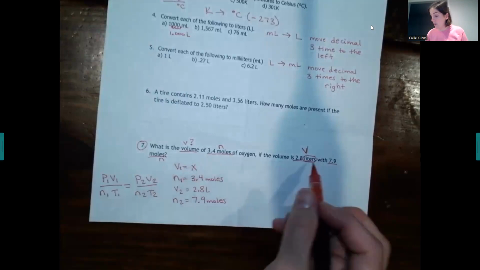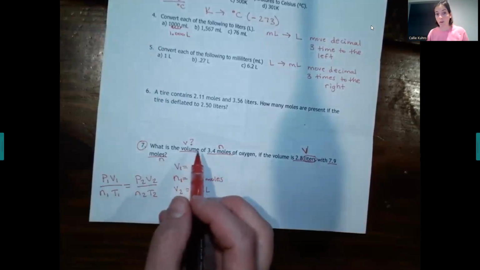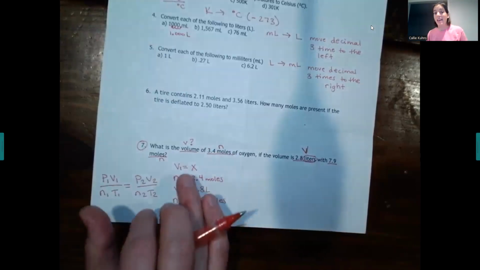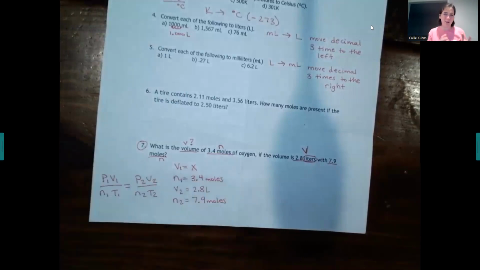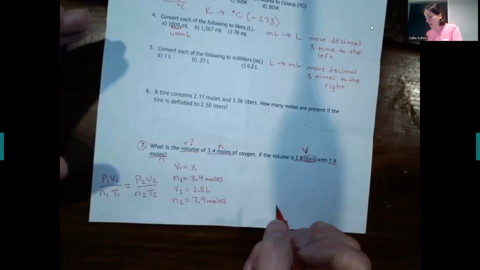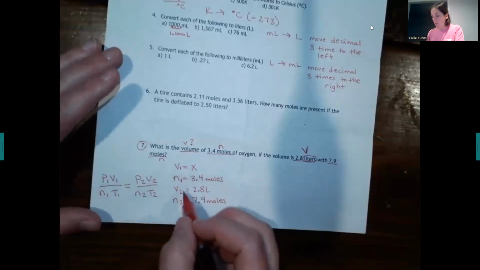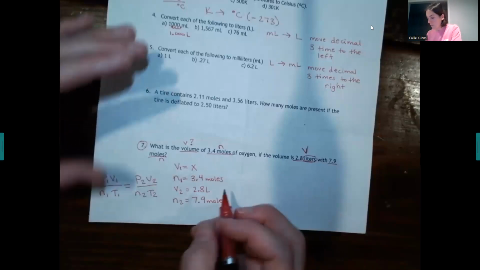All right, so again, I've identified what the variables were and what we're looking for in the question. And then I listed them out and I looked at, okay, so what was the before and what was the after kind of thing. All right, so that's where the V1, N1, V2, N2 come in.